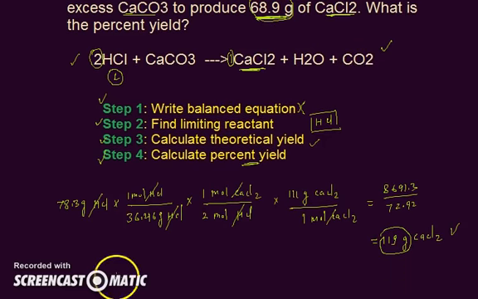Let me write the percent yield. The actual yield is 68.9, and it is divided by the theoretical yield, which we have calculated. It is 119, and we multiply by 100.